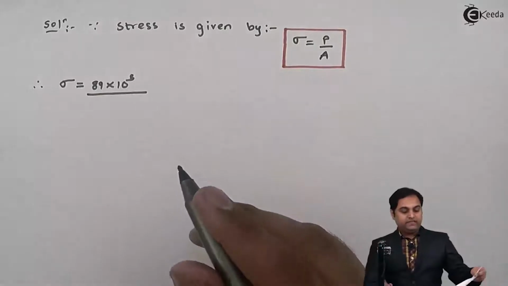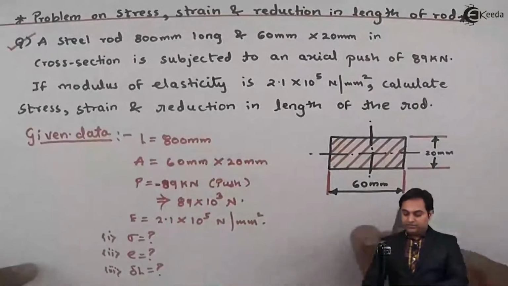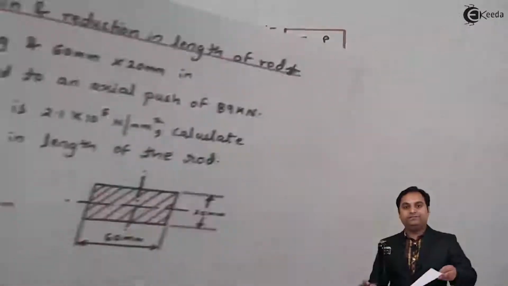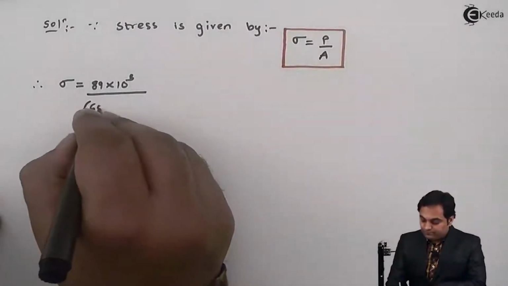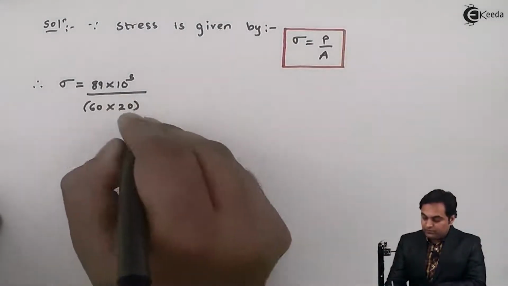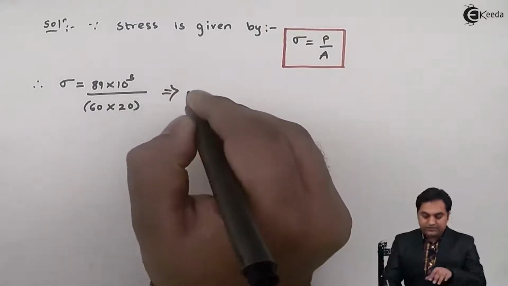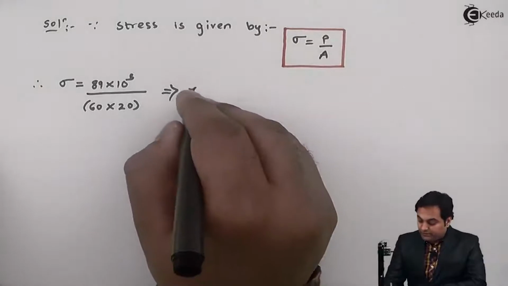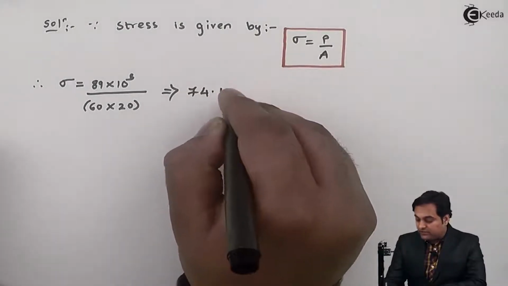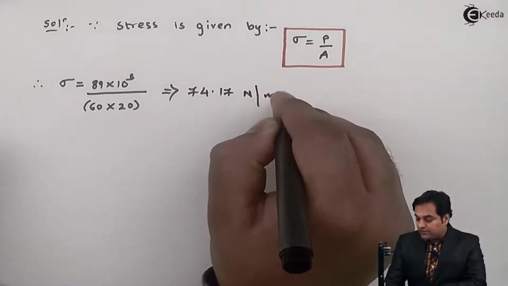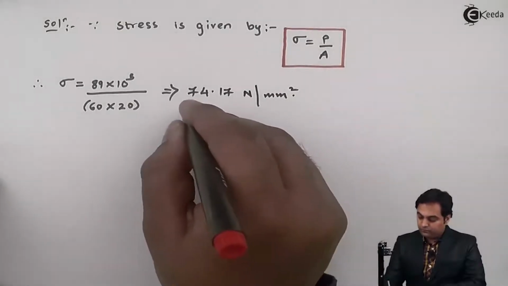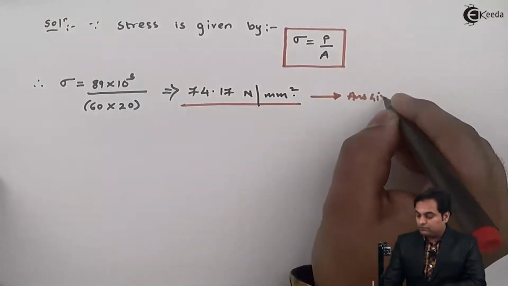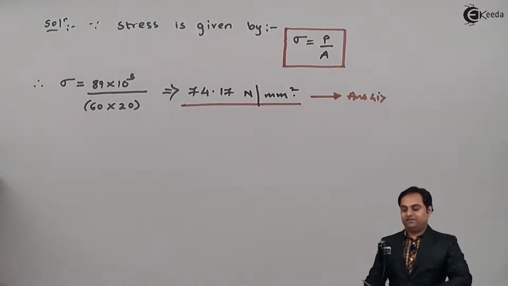Area, as we can see here, we have rectangle cross section, so area is 60 into 20. So therefore stress comes out to be 74.17 Newton per mm square. This is the first answer.